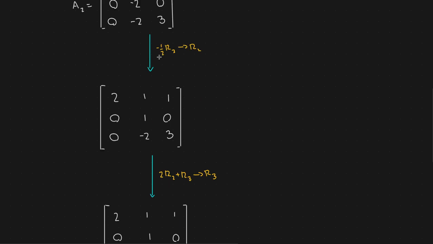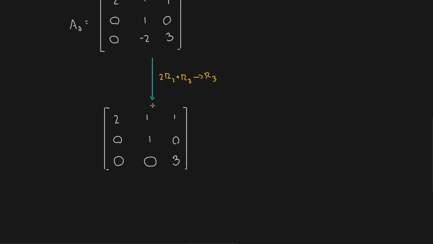So the subscript just illustrates how many row operations we've done. So we did 4 row operations to A to get to A4 here, and we can easily identify the determinant of this last matrix A4. It's a triangular matrix, so I just multiply the entries along the main diagonal. 2 times 1 times 3 is 6.